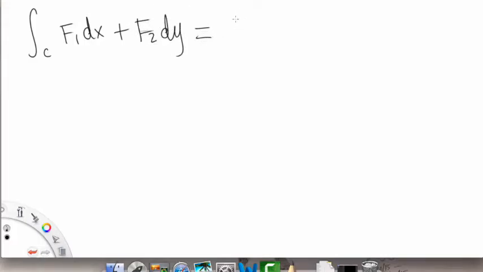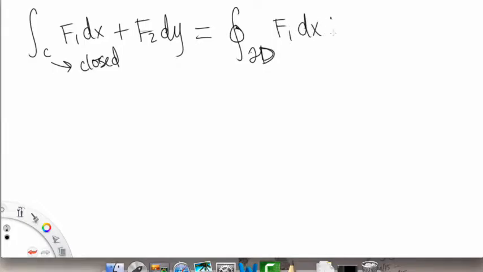And so Green's theorem tells us that this line integral here, which is the same thing as the line integral over the boundary, because we're dealing with closed curves, right? So we're assuming that this curve is closed and simple as well. That was the condition. I'm just rewriting it in a slightly different way, F sub 2 and dy.